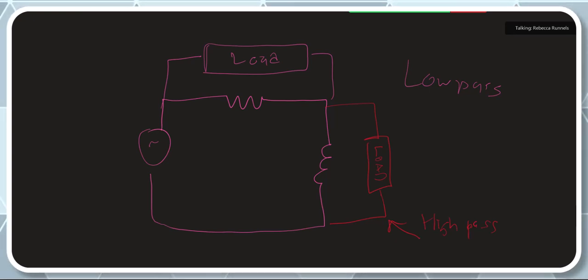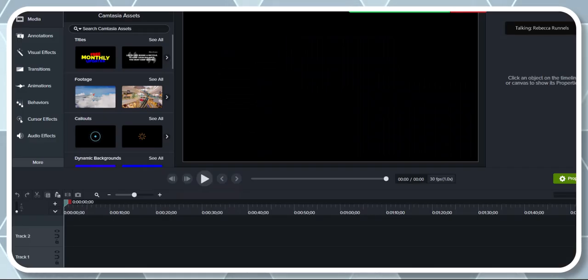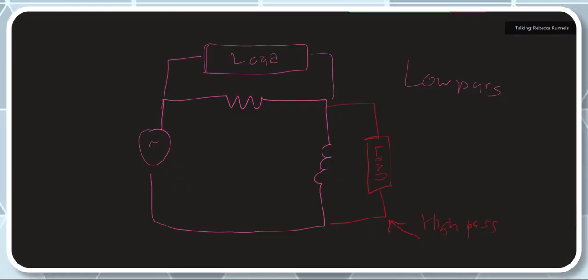Okay, so that's if you have just a resistor and an inductor, or just a resistor and a capacitor. And in those cases, your corner frequencies are easy because they're the inverse of the time constant.